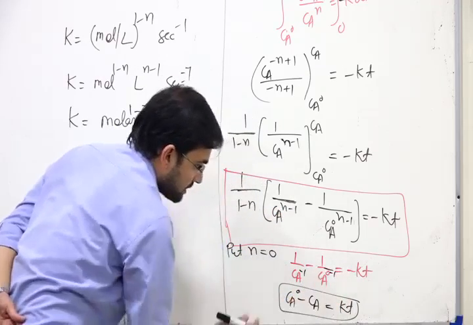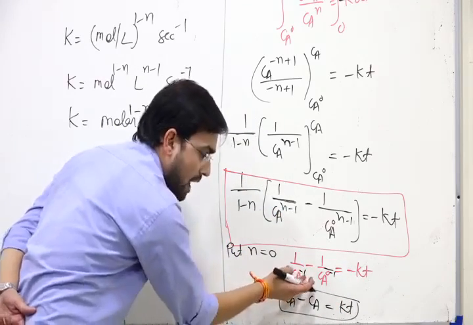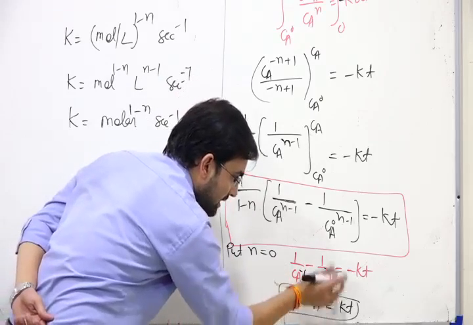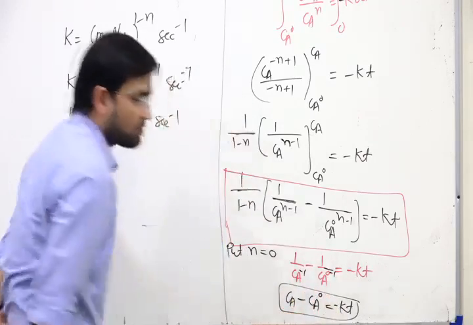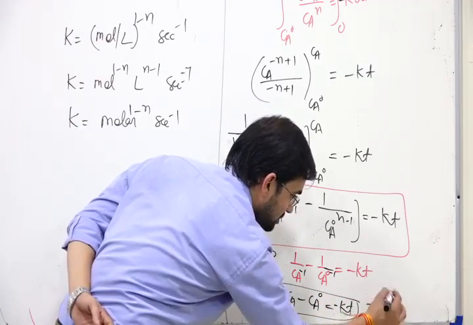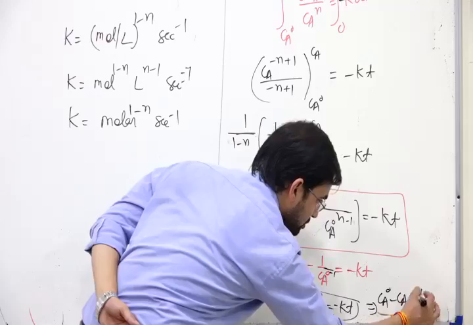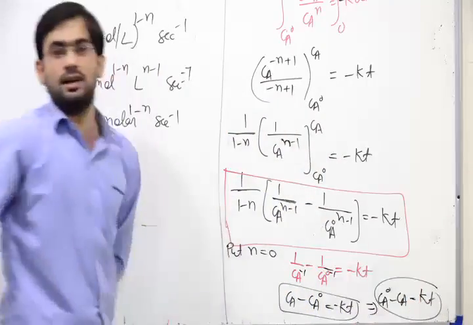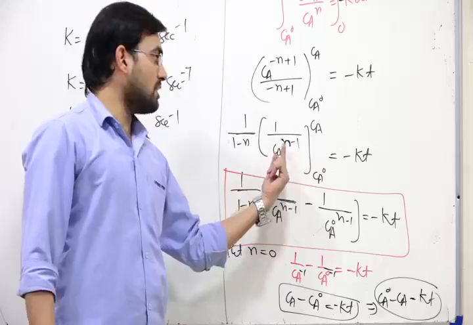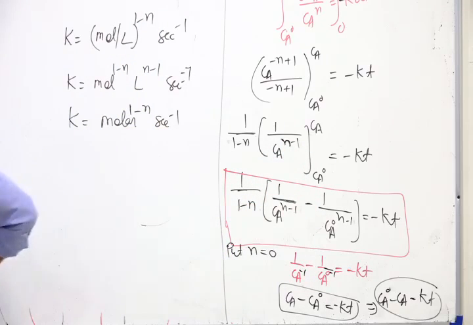So when the power is minus 1, it will become Ca minus Ca naught equals minus Kt, or minus multiplication inside, so Ca naught minus Ca equals Kt. Understand now? So when I take a power in the denominator, minus multiplication will happen. Okay, solve this question now.